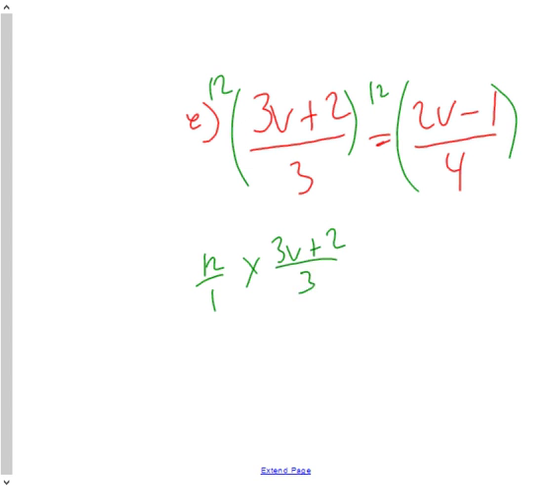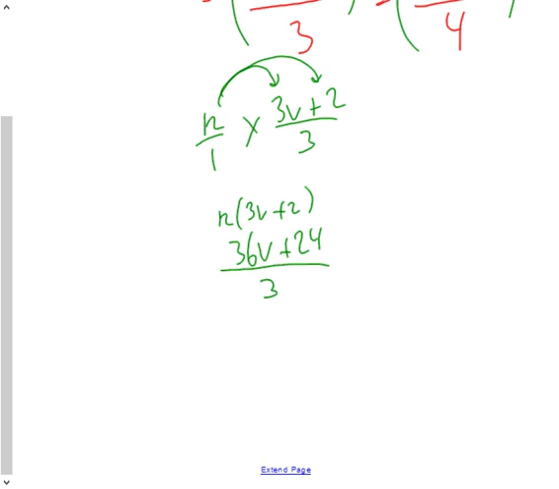Now, if you are a non-cross reducer and you multiply the numerators, don't forget this has to also be using distributive property here. So I'm going to get 36v plus 24 over 3. Now, because you didn't cross reduce, you still have to do this whole distributive property of division thing, making this into 12v plus 8 as a final answer.